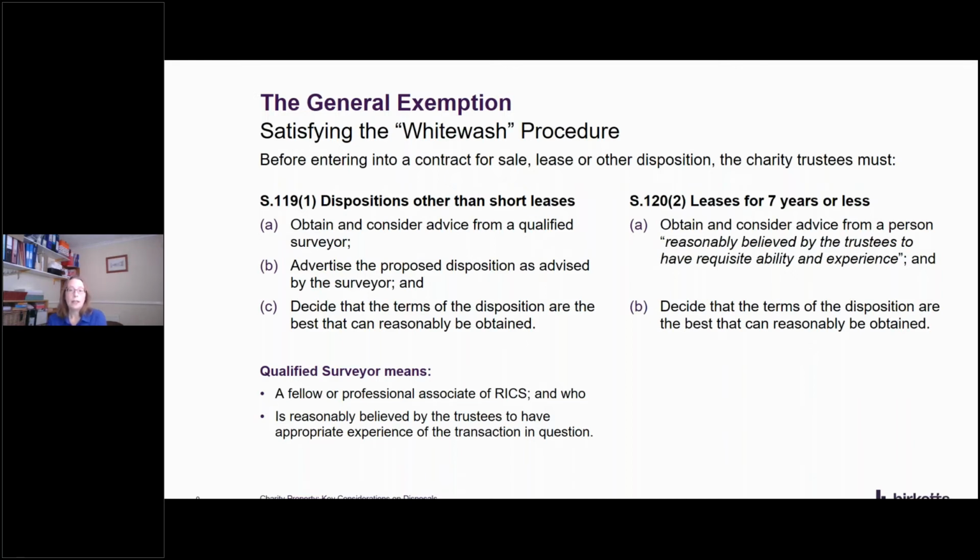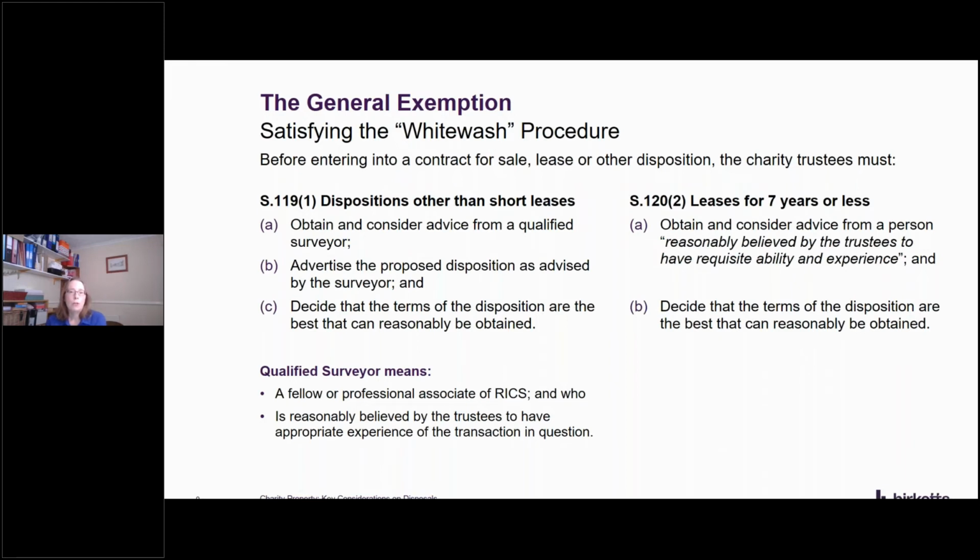Qualified surveyor essentially is a member of RICS, and the Act goes on to say that it must be somebody who the charity trustees believe have the appropriate experience. Now, the onus here is on the charity trustees to select the best person for the job. So it would be reasonable to ask the surveyor if they have experience of dealing with land transactions of this nature, especially where you've got something like a complicated development sale or overage provisions.